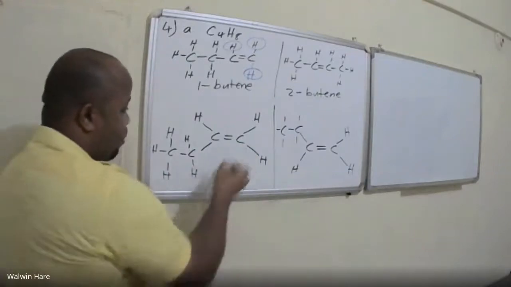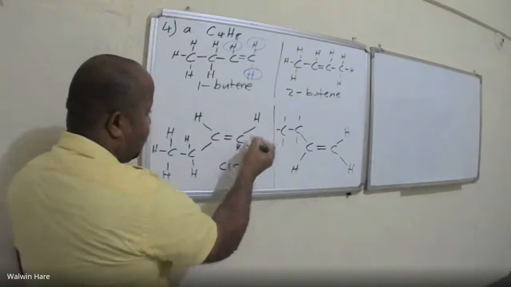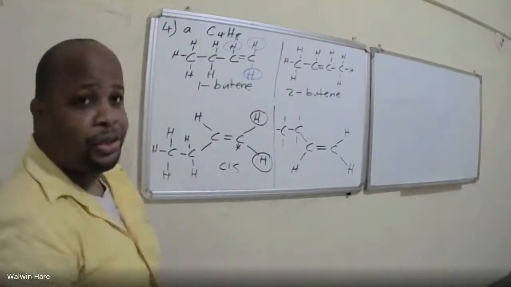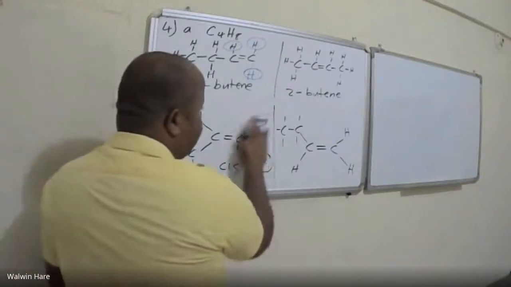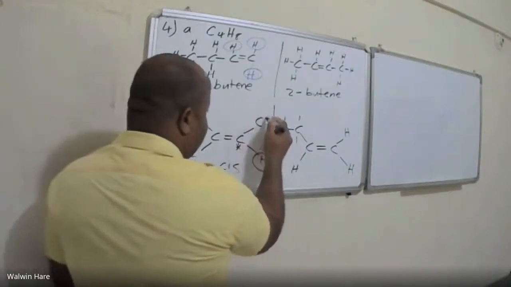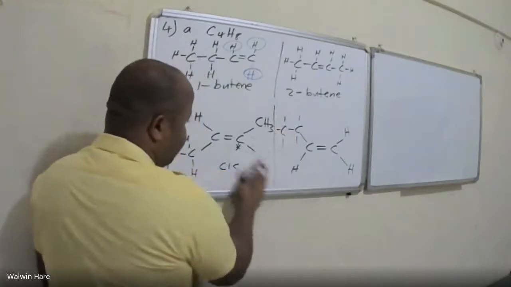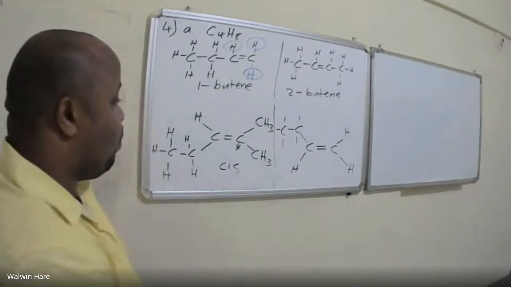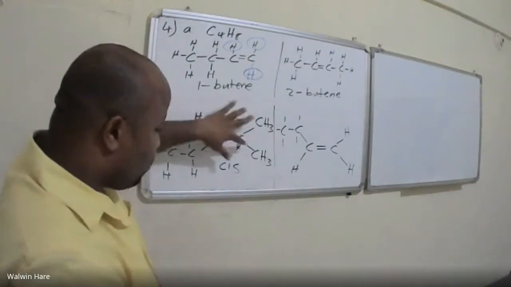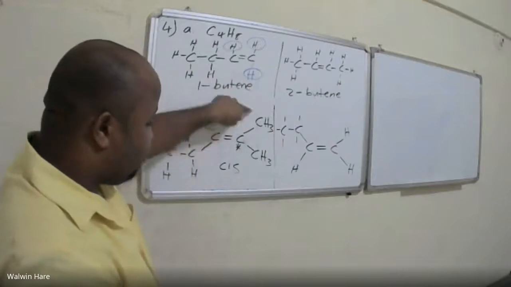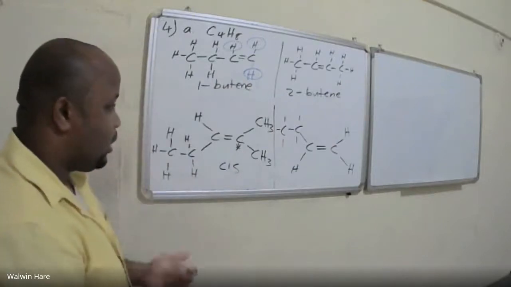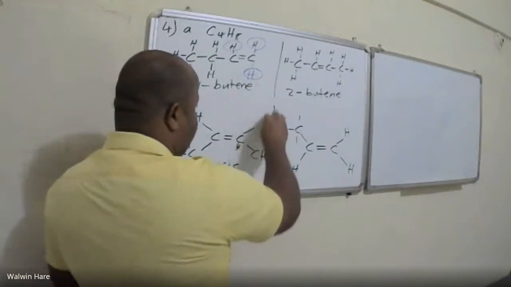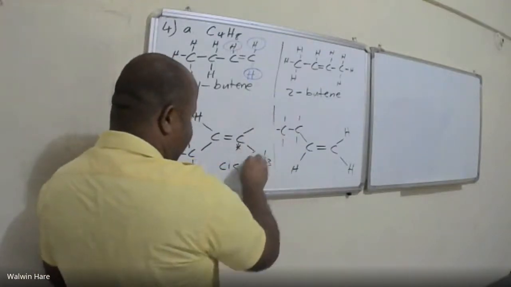This carbon atom has two hydrogens attached to it, so it cannot give us cis or trans. It doesn't have to be hydrogen; if it has two methyl groups attached, it cannot give us cis or trans. Once it has two of the same groups attached, it cannot give us cis or trans. Alright? When we do 2-butene we are going to see the difference.